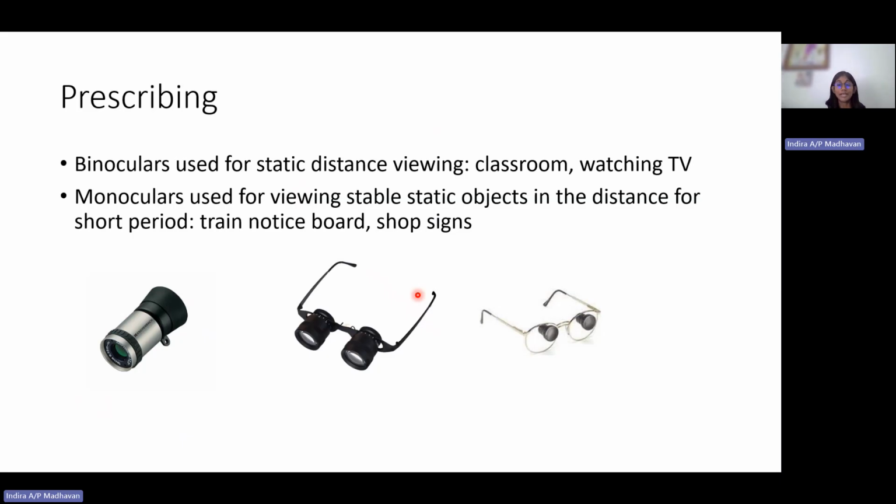So this might lead to tripping and falling. So the telescope is only used when the object that the patient wants to look at is not moving around. This you have to remember.